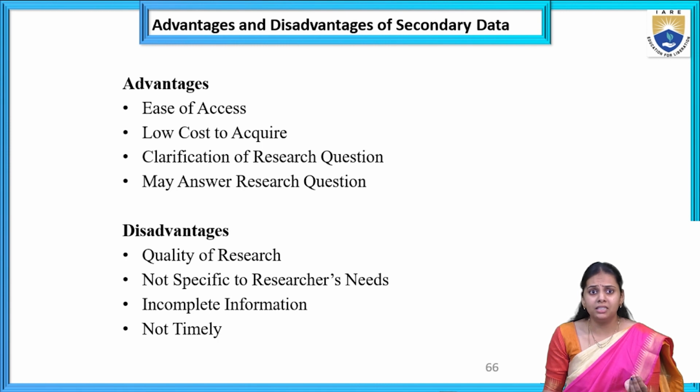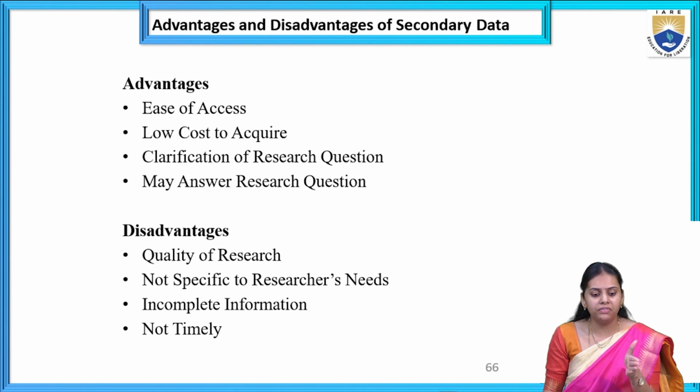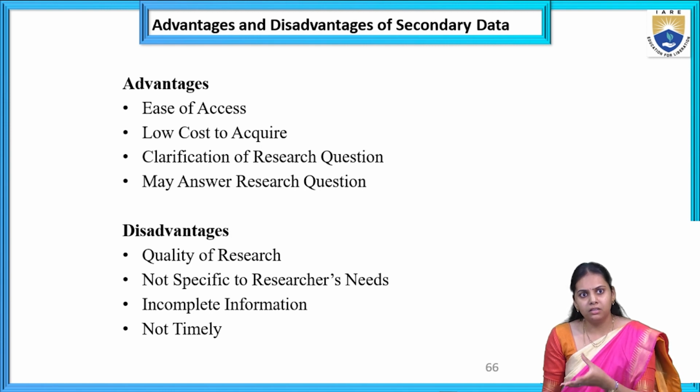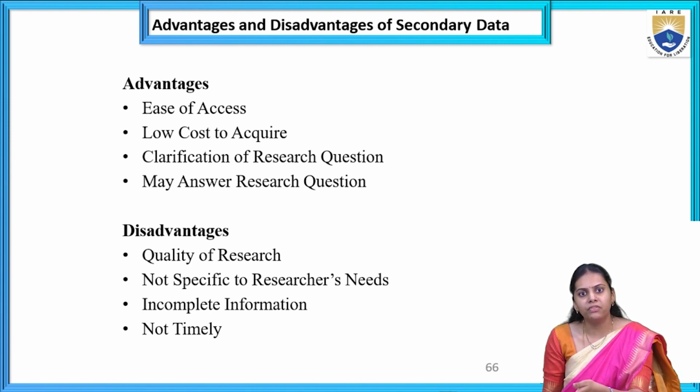And what are the limitations? The quality of research is not specific to the researcher's need, because secondary data is already collected by some other person based on their requirement, and we are taking it as a reference. That's why secondary data always has sources like a published journal, or sometimes a referenced manner through libraries or the internet.